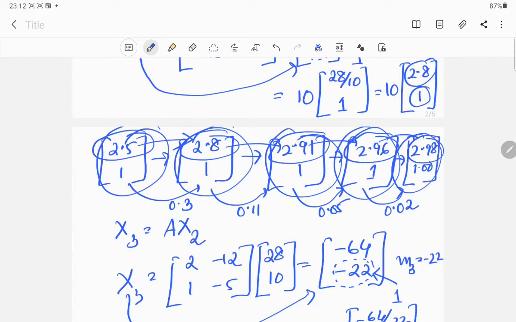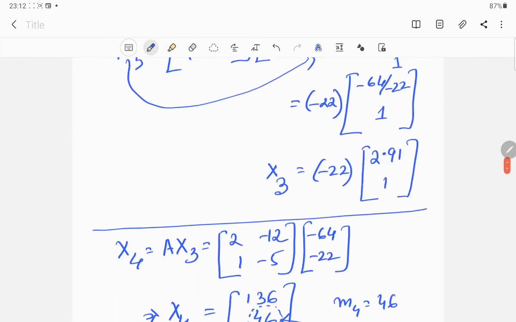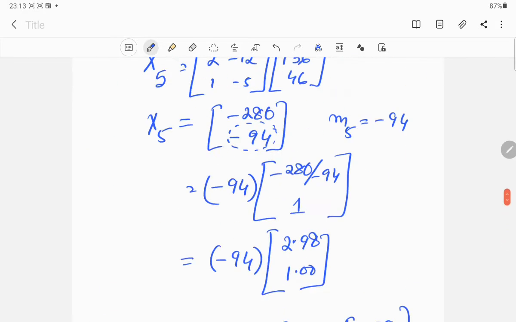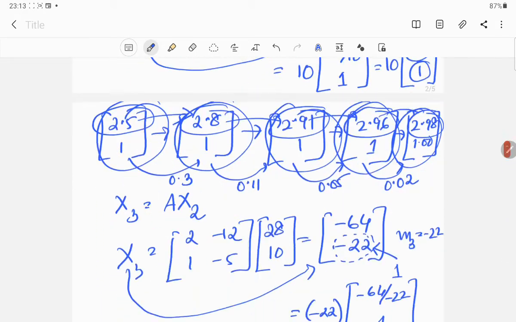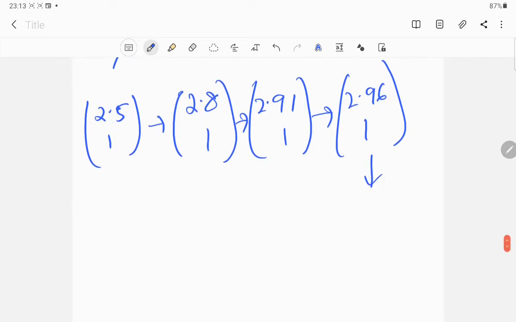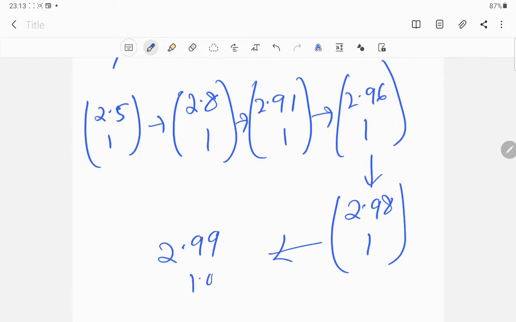So you can see that at first it was 2.5, then 1, then it went to 2.81, then 2.911, then 2.961, then 2.981, and then 2.991.